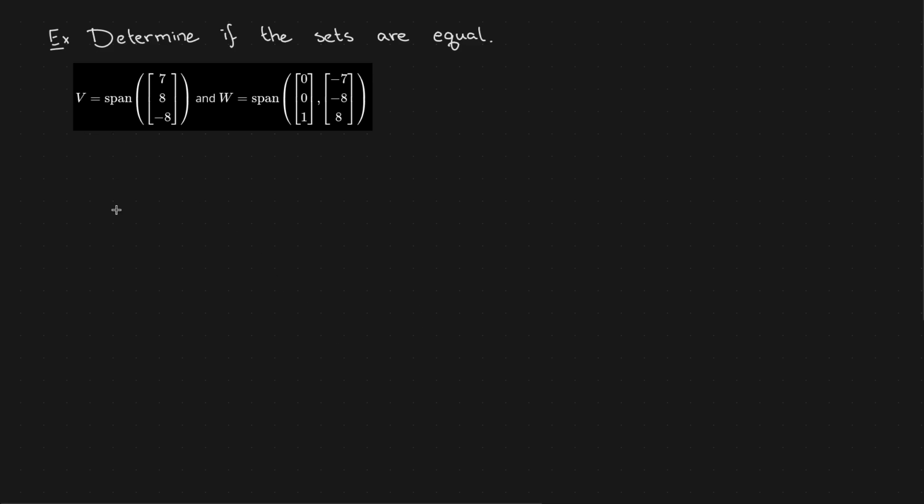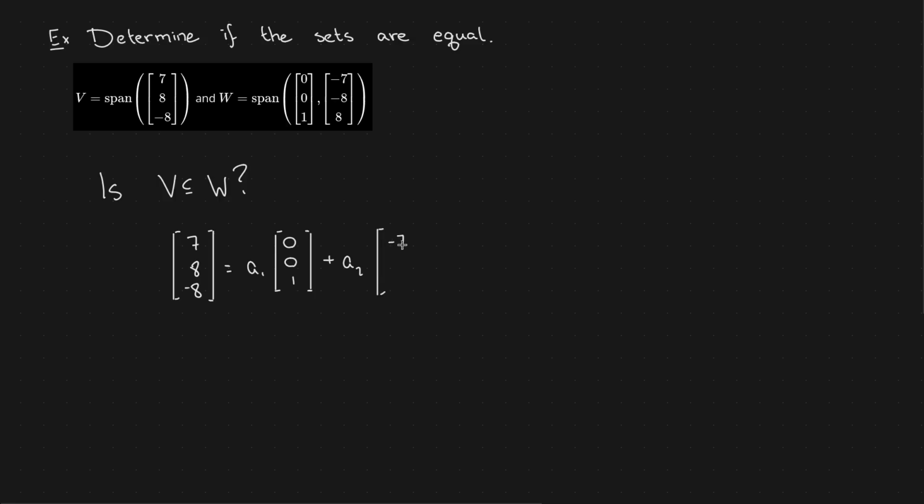Okay, so let's first check if V is a subset of W. That means every vector in V would have to be in W, and that will be true if every vector in the spanning set is in W. Okay, so can we express vector 7, 8, negative 8 as a linear combination of the spanning set of the vectors in W? So some constant times 0, 0, 1 plus some constant times negative 7, negative 8, 8.